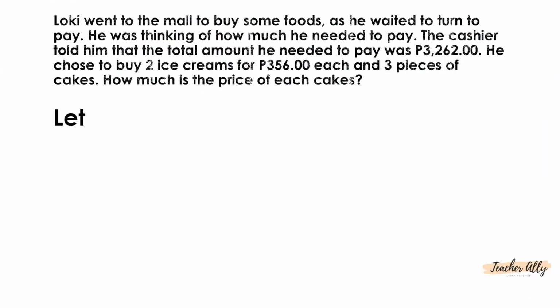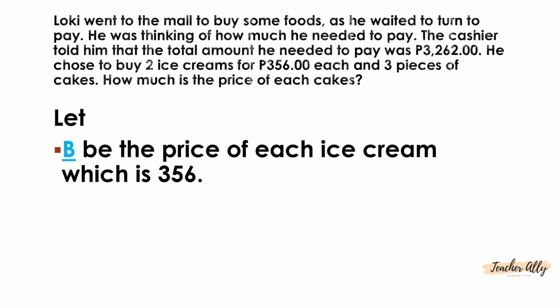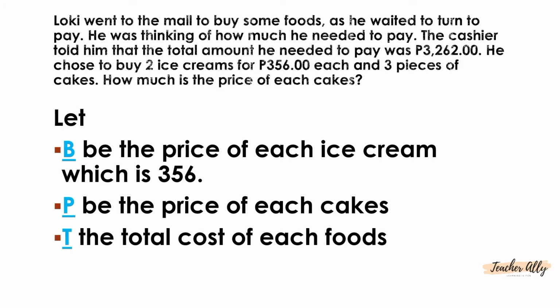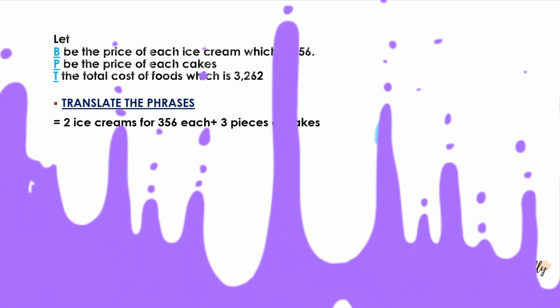Let's use variables to represent the price of each food. Let B be the price of each ice cream, which is 356 pesos. P is the price of each cake, and T the total cost of the foods.